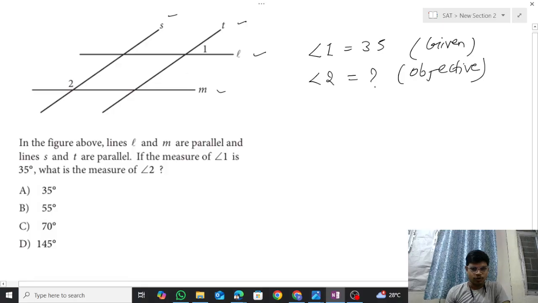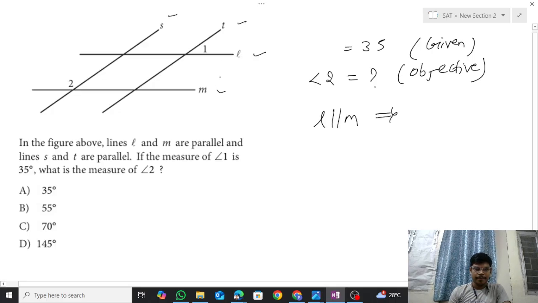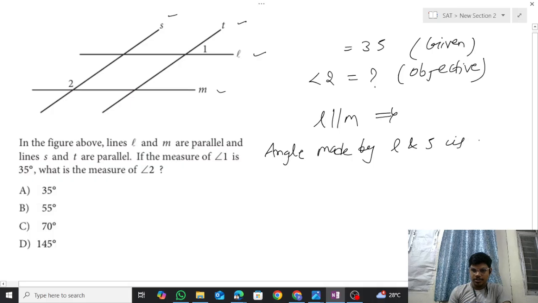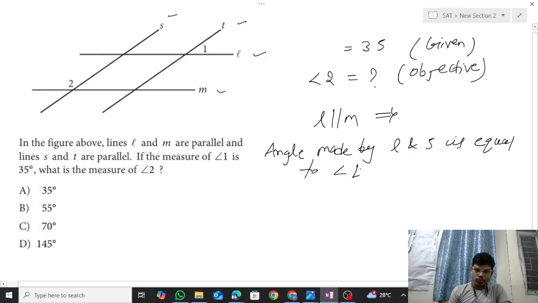How will we solve this question? Let's see. L is parallel to M, which means the angle made by S and L is equal to angle 1, by the property of parallel lines.